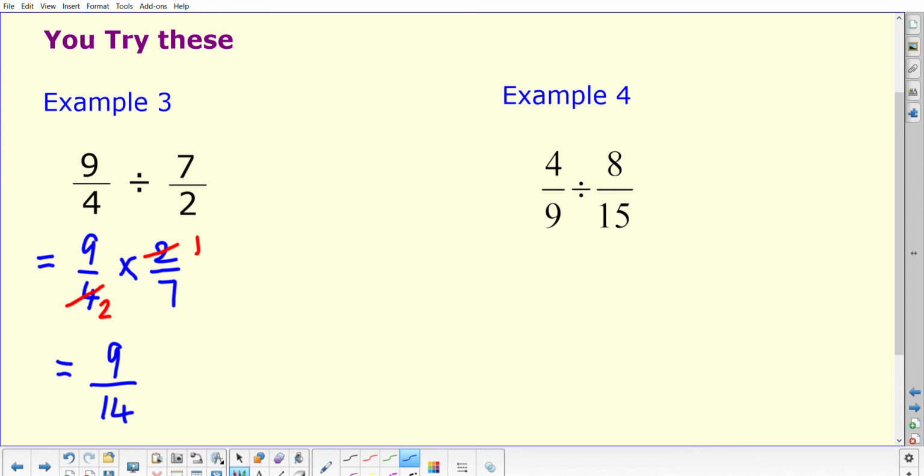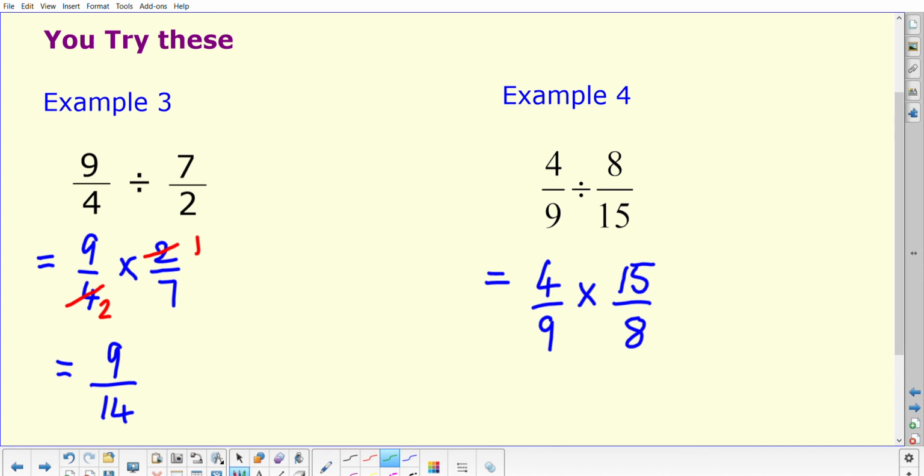For this last example that we're going to look at, you do the keep, so 4 over 9, switch, change the divide to times, and flip to 15 over 8. So again, look to see if you can do any cancelling.